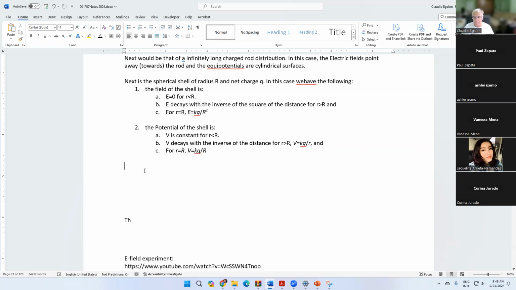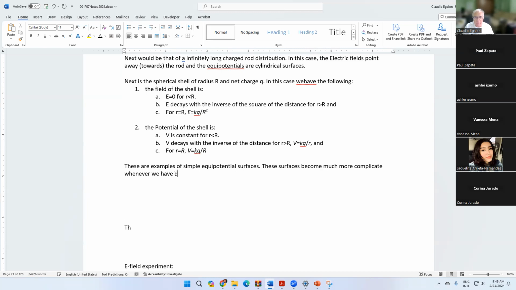Okay. These are examples of simple equipotential surfaces.